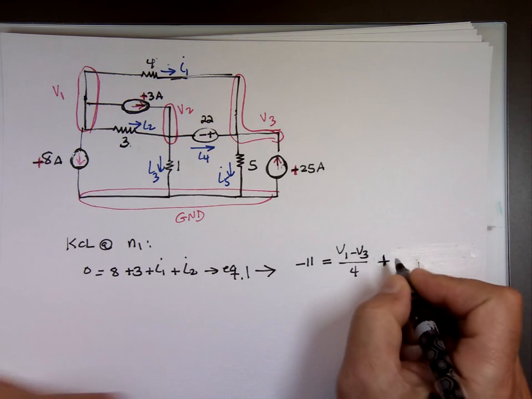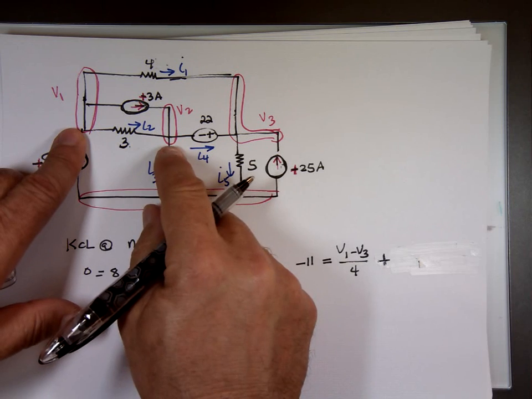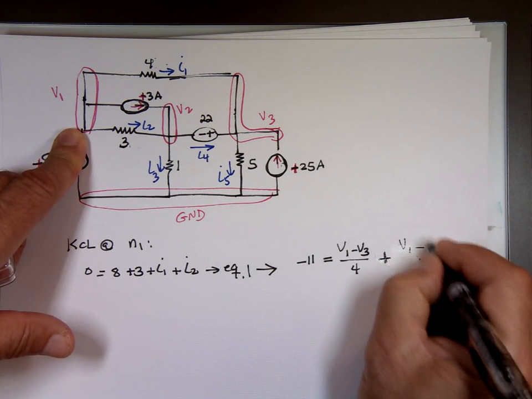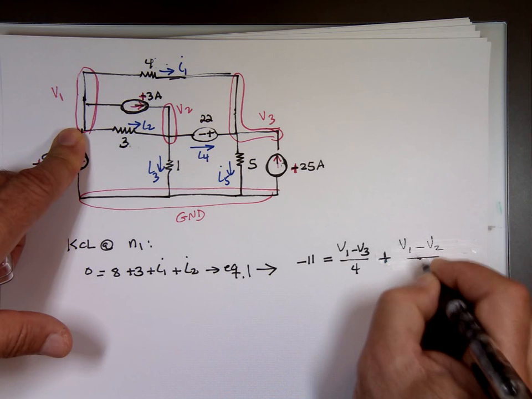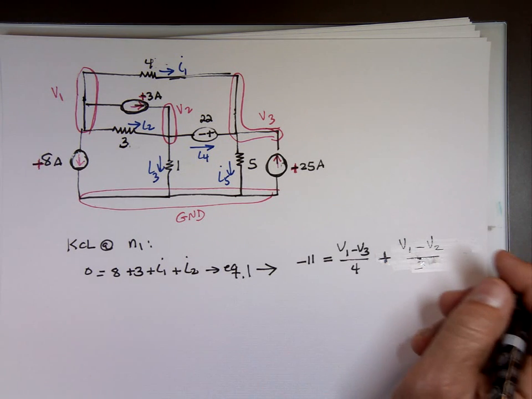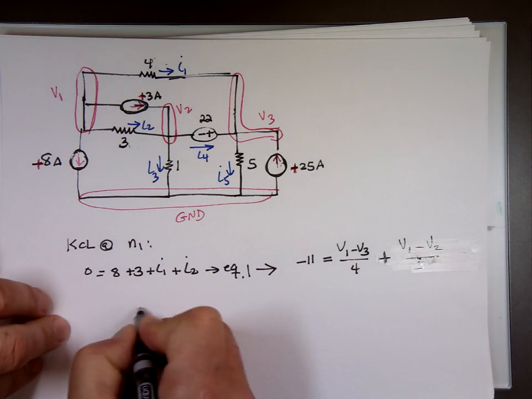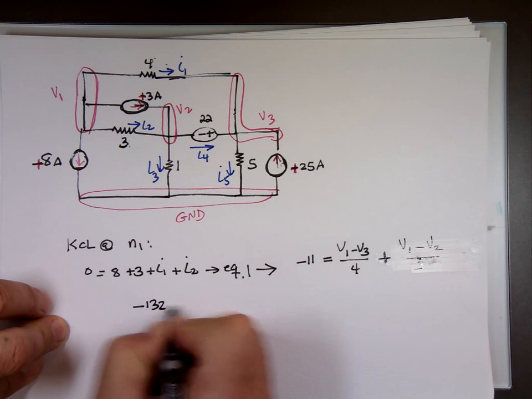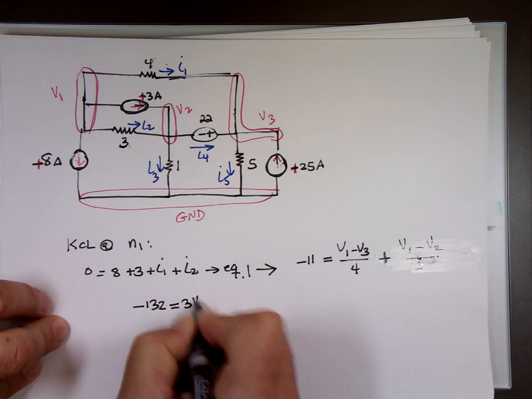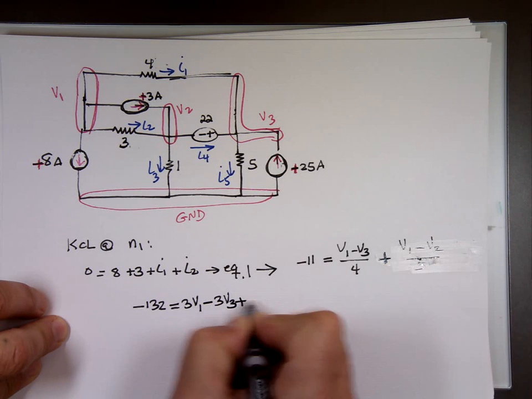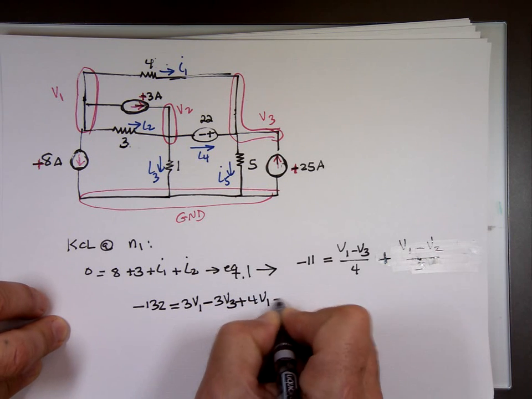And I sub 2 is this voltage minus that voltage over 3. V1 minus V2 over 3. The LCD is 12. 12 times 11. Negative 132 equals 3V1 minus 3V3 plus 4V1 minus 4V2.